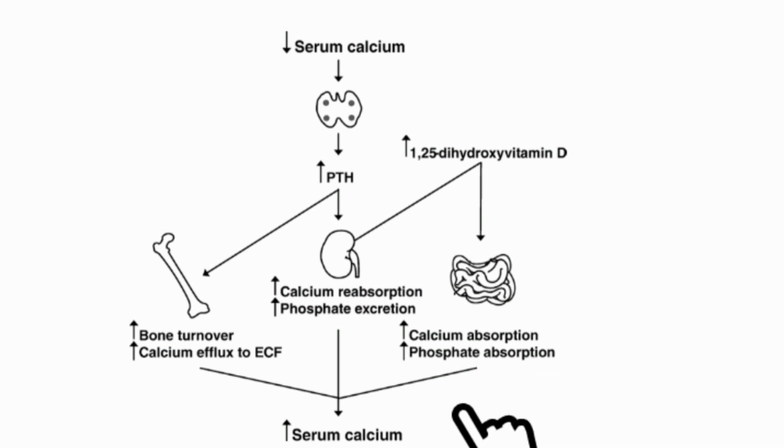Now, which hormone acts opposite to the parathyroid hormone? That is calcitonin. Calcitonin, which is released from the thyroid gland, parafollicular cell, has a role in decreasing serum calcium. So in response to high serum calcium, calcitonin is released from the thyroid gland, which will cause the calcium deposition onto the bone.